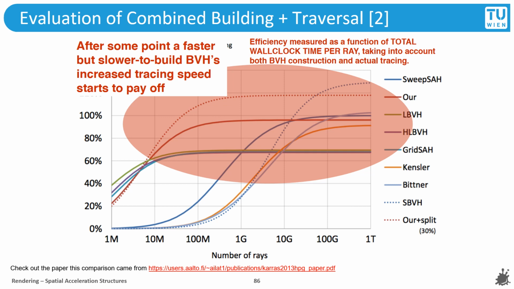And even though there are now some advanced techniques that can outperform a Sweep SAH BVH, in general, when we are looking at high quality images with many rays, it is still one of the most reliable and well-performing methods available.